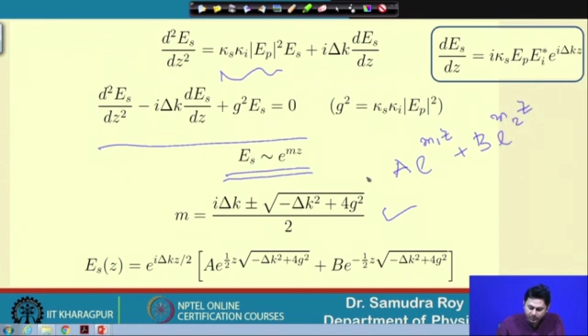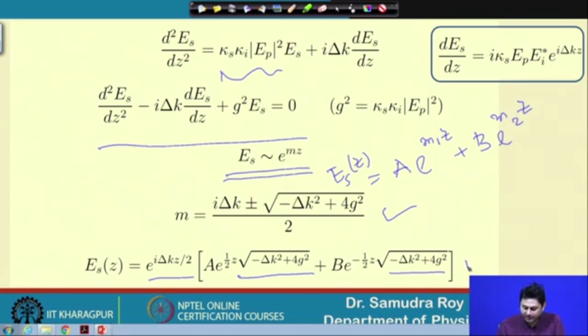That will be our solution for E_s(z), and if I replace this, I will readily get E_s as e to the power i delta k z by 2, which we get from this, times A e to the power of half z square root of delta k squared plus 4 g squared, plus B e to the power of minus half z square root of delta k squared plus 4 g squared.